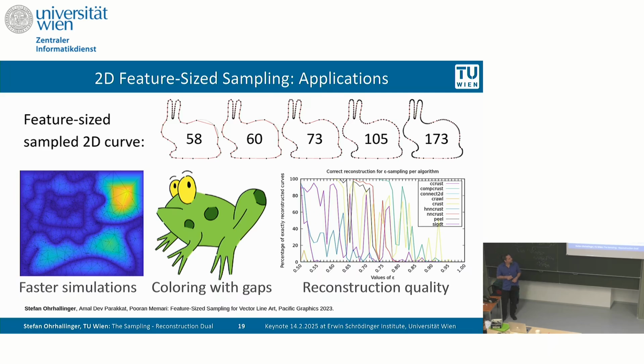And based on that, we can quantify how well the algorithms perform by having an epsilon sampling. So it gives us different numbers of samples, and then seeing for a number of samples if the algorithm can reconstruct it correctly. If yes, then we get this 100% down. You can see here some algorithms have large values, and others not so good.